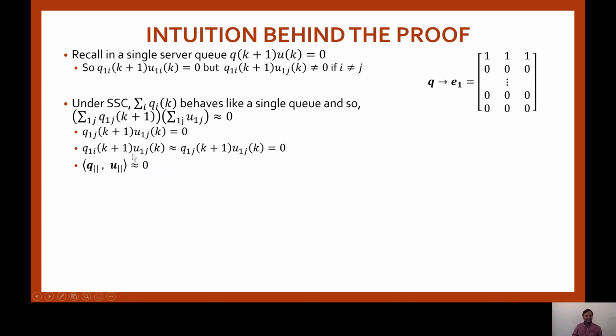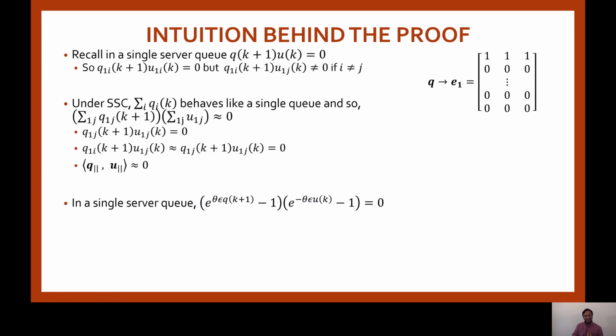This in vector notation gives us q parallel dot product with u parallel is equal to 0. Even though this is an intuitive argument, all of this can be made precise using the Cauchy-Schwarz inequality and the moment bounds that we have in state space collapse. And this plays a key role in using q parallel squared as the Lyapunov function and getting the mean queue lengths.